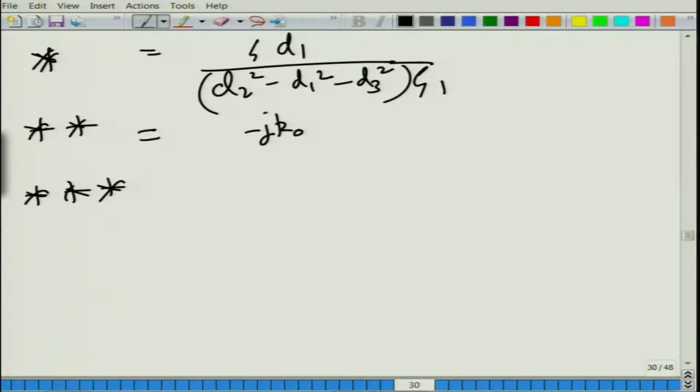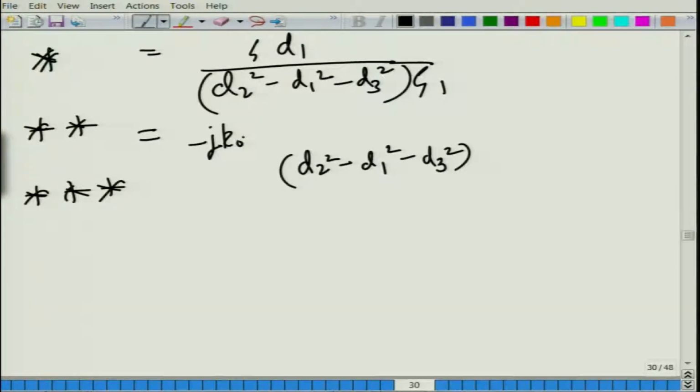In some other books, people what they have done, they have put full thing here and then they have put this kind of thing, and then there are some sort of typographical errors which would really completely corrupt the result. So, be mindful of that. It is really something like minus j k naught is a separate entity, otherwise dimensionality wise also it will not be correct. So, minus j k naught is separate, let me write it a bit more separate.